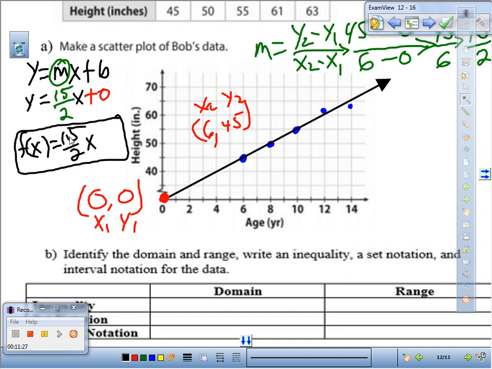Every 2 years he grows 15 inches. Hands if you agree with that. That is correct. Let's go.